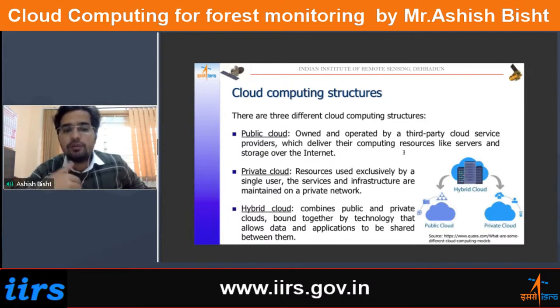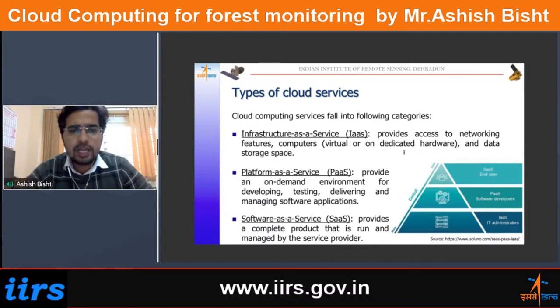So their way of implementing becomes a little private to that enterprise. Then there is a third setup called hybrid, which is a combination of both public and private, where the infrastructure related to the central servers or physical servers may be done at the enterprise level, but all the services and resources will be provided as a virtual network to that particular company or organization or the individuals involved in that organization. So these are the three major classifications of cloud computing structures.